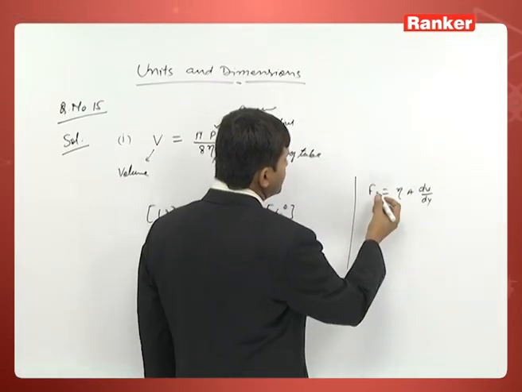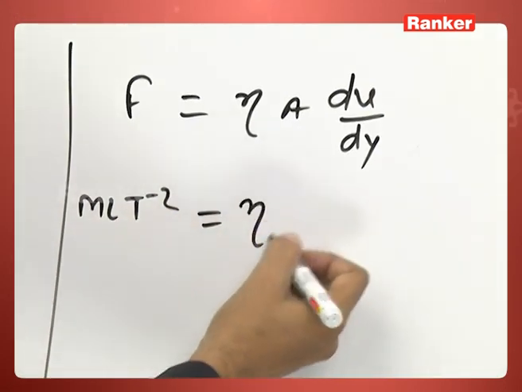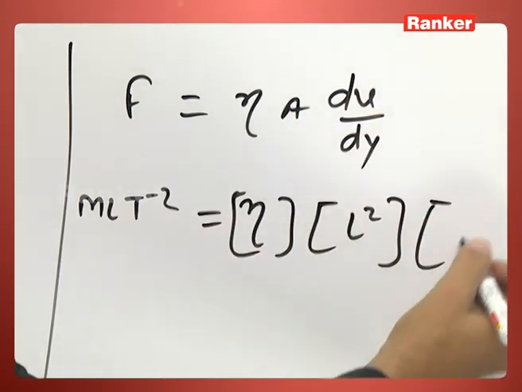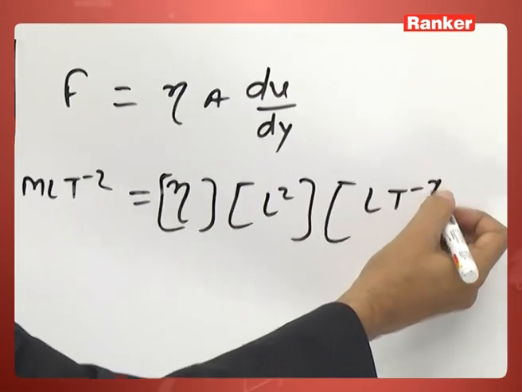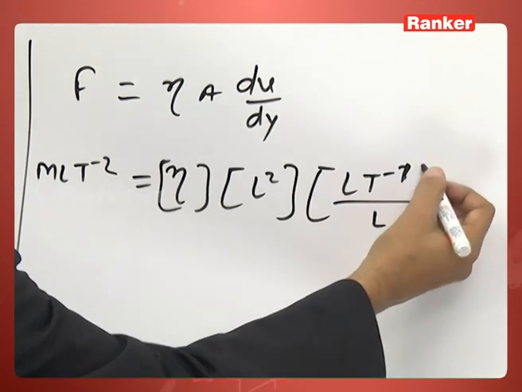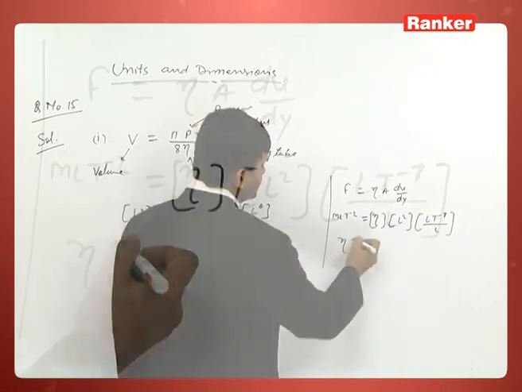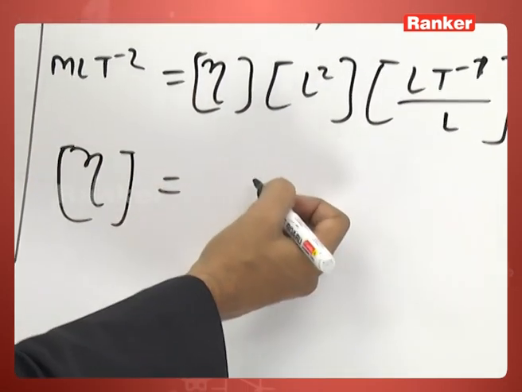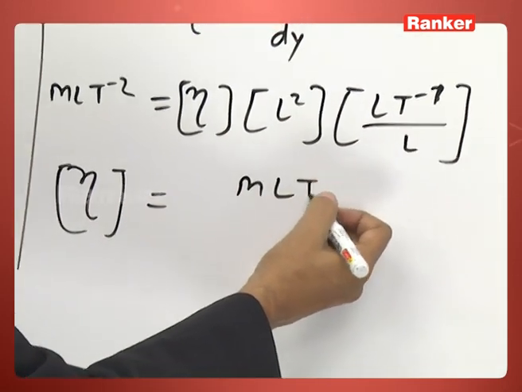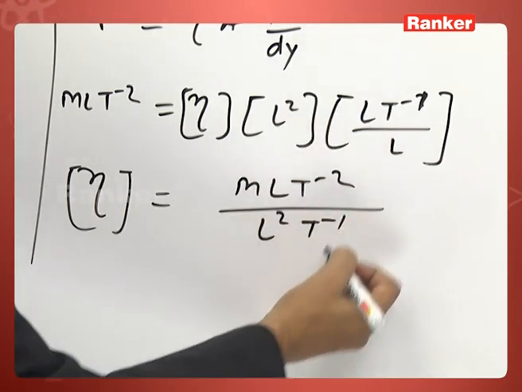So dimension of viscosity: force, dimension M L T minus 2; area L square; velocity L T minus 1; and dy is L. So dimension of viscosity, L and L cancel here, M L T minus 2 by L square T minus 1.